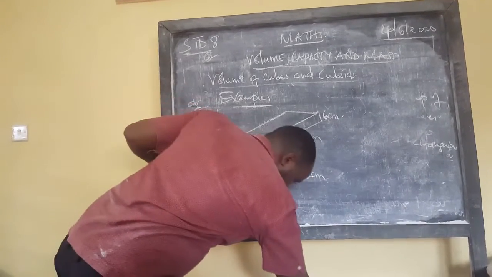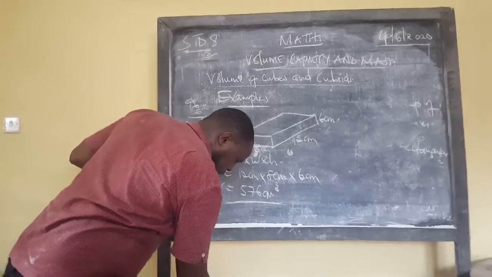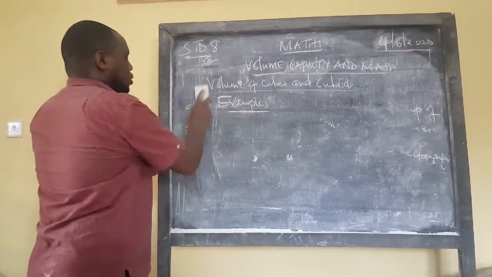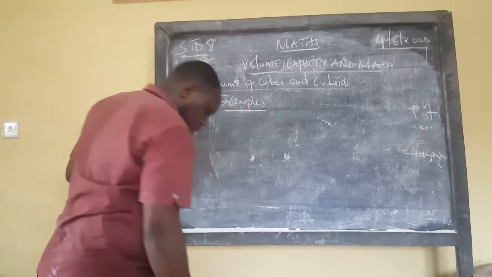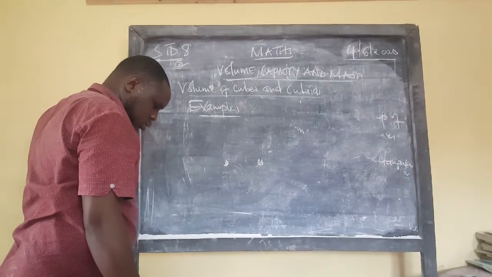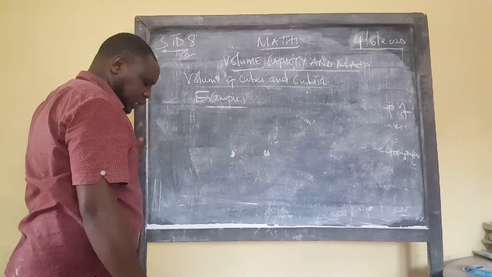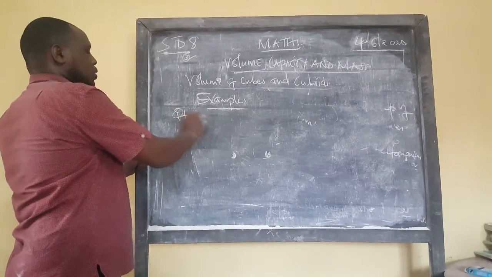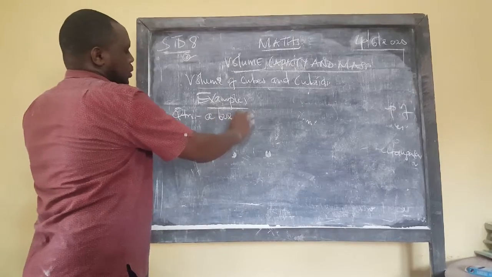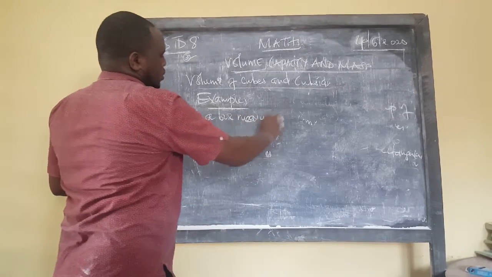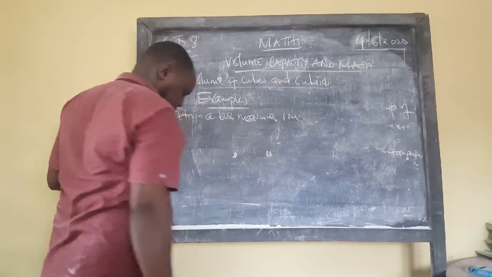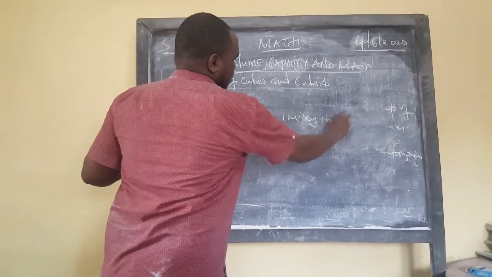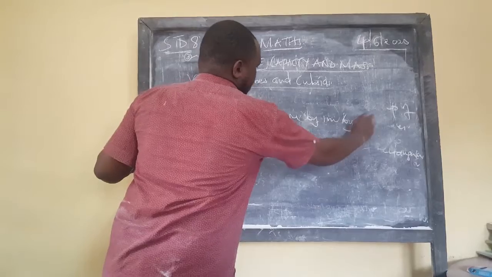Maybe to give you another question. Example 2. A box measures 1 meter by 1 meter by 1 meter.